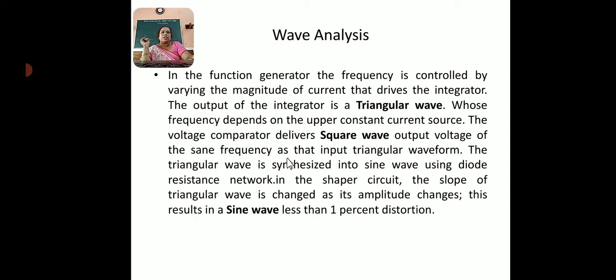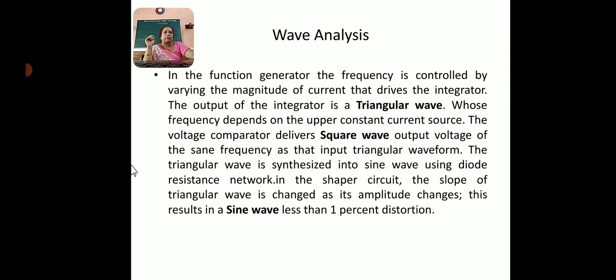The function generator is the device used to produce waves. The frequencies of all the waves, sine wave, square wave, triangular wave and sawtooth waves, may be adjusted from a fraction of a hertz to several hertz by varying the frequency.